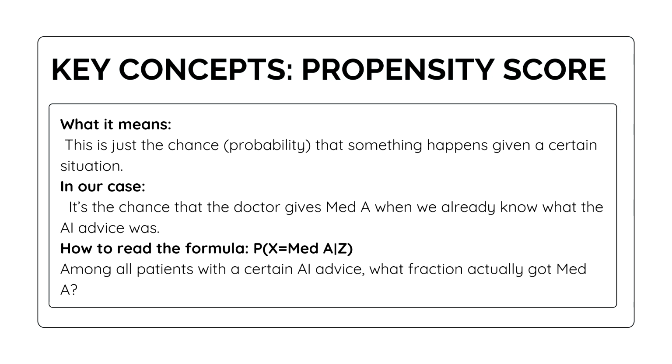So we are not looking at all patients, we are only looking at the patients in the AI advice group and asking what fraction of them actually received med A. The formula is given as P of X equals med A given Z. That means among all patients with certain AI advice, what fraction actually got med A. This concept helps us describe how closely clinicians follow or ignore AI's recommendations.